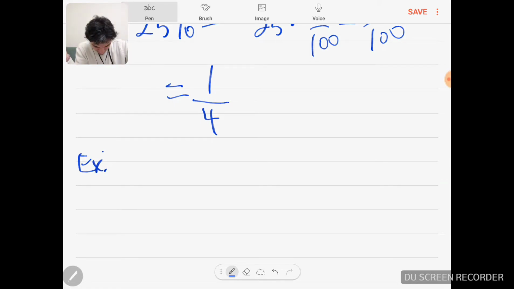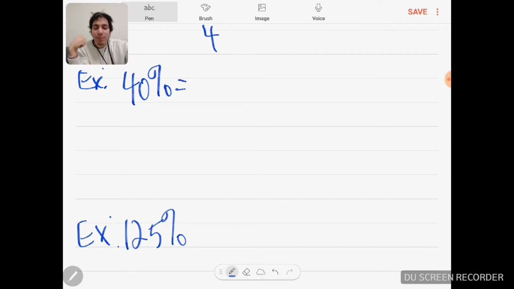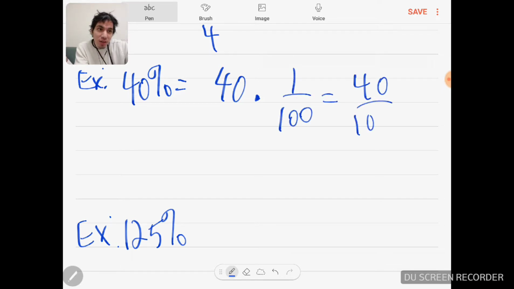I'll give you 2 examples: 40% and one that's a little bit bigger than that, 125%. We'll do the 40% first. Same idea. It's going to be 40 times 1 over 100, and that's 40 over 100.